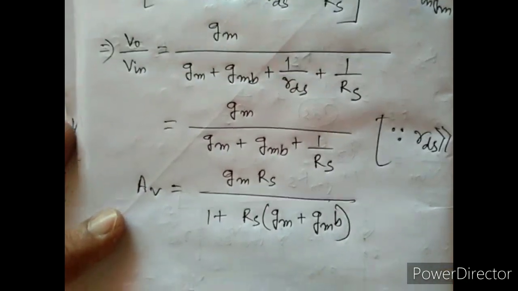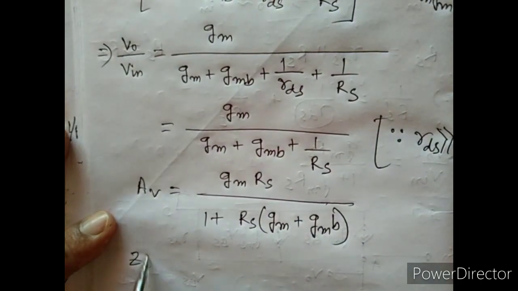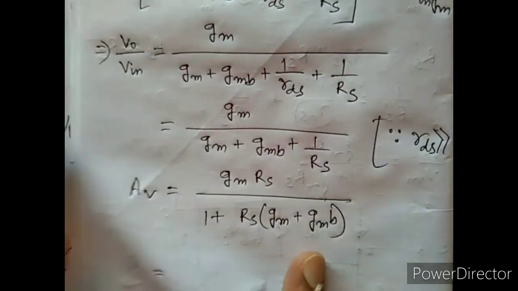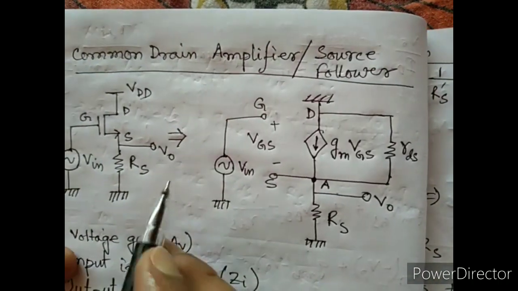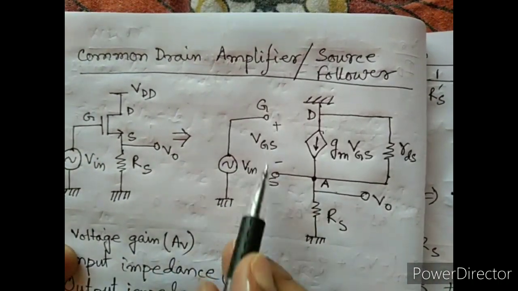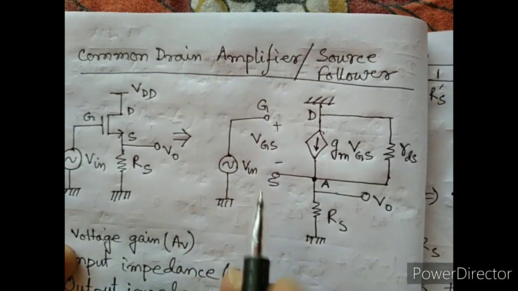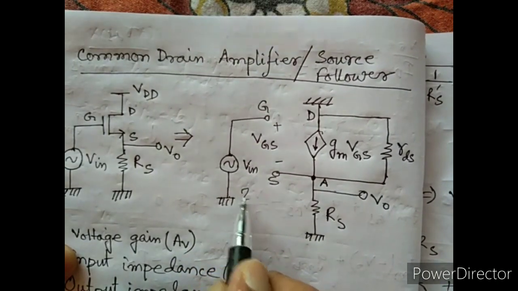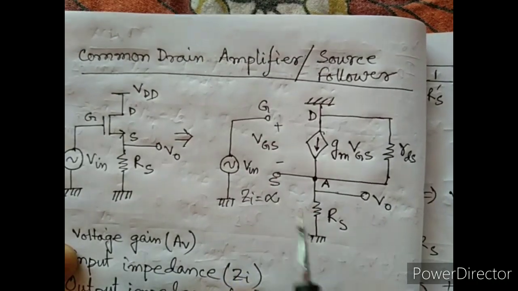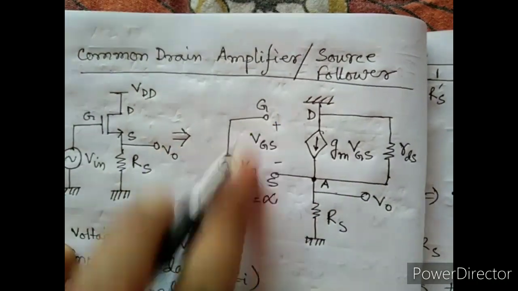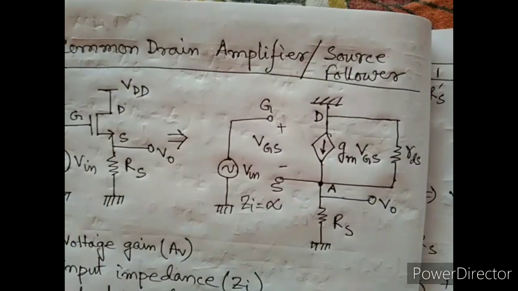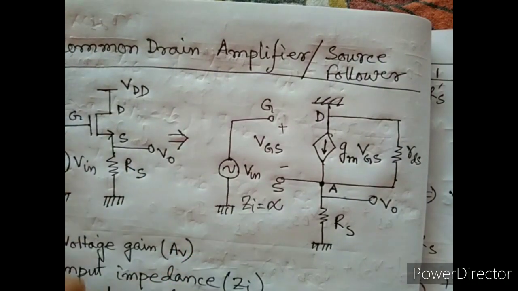Now if we find out Zi, the input impedance, now you can see from the figure this input impedance is very high, Zi infinity, as gate and source terminal are separated by dielectric.